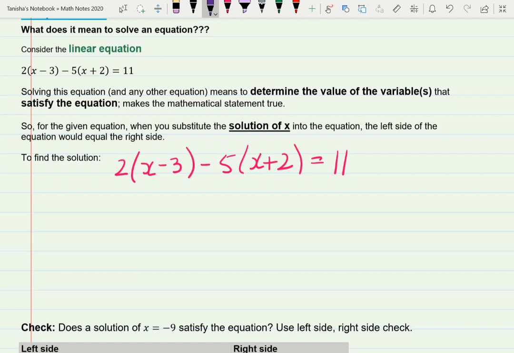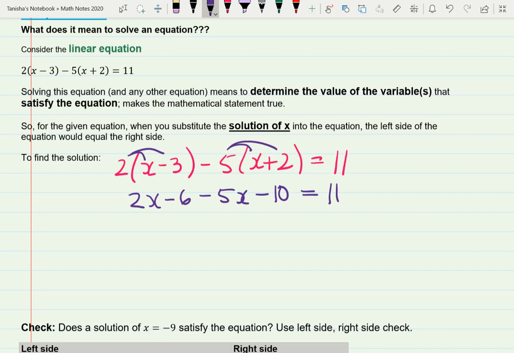First we start with expanding out our brackets, or multiplying the constant in front of our brackets with the binomials that we have. So when we expand, we get 2x - 6 - 5x - 10, and that's all equal to 11.